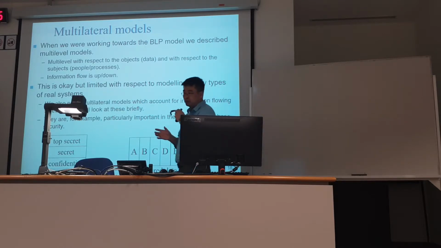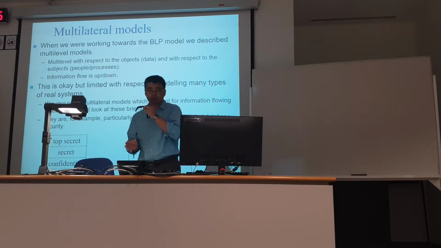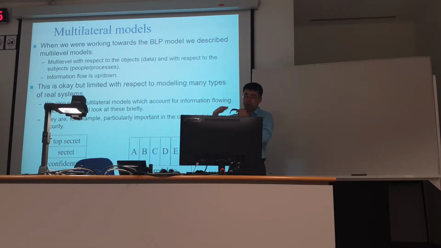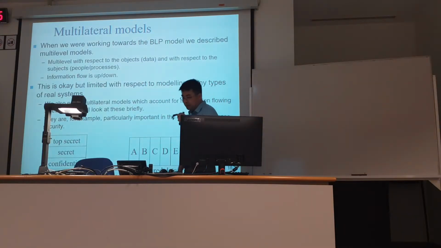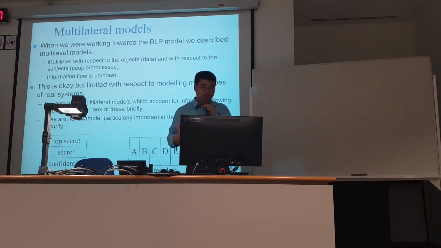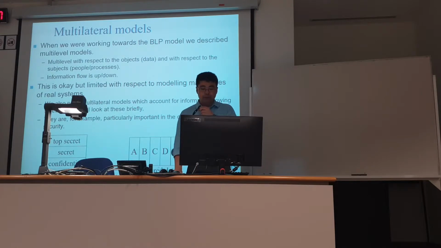However, so far we only look at a single dimension, a single domain, right? Because we have clearly defined levels in a single dimension. Top secret is higher than secret, secret is higher than confidential, and so on. However, in a real scenario, we may have even more complex systems. For example, you may have some data shared across different units, like different departments.